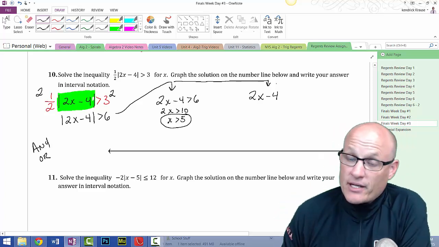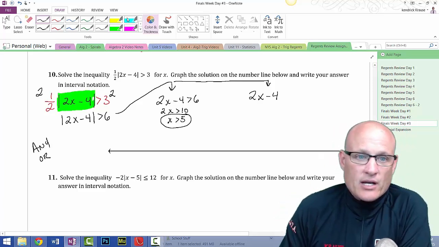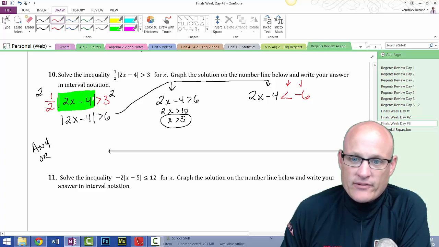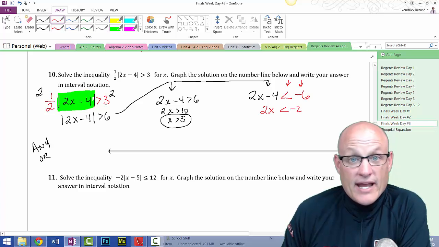But everything else switches. So it becomes, and I'm going to do it in red so you see it, less than negative 6. So this gets switched and this gets switched. So now I'm going to get 2x is less than negative 2 when I add 4. Divide by 2 and I get x is less than negative 1.